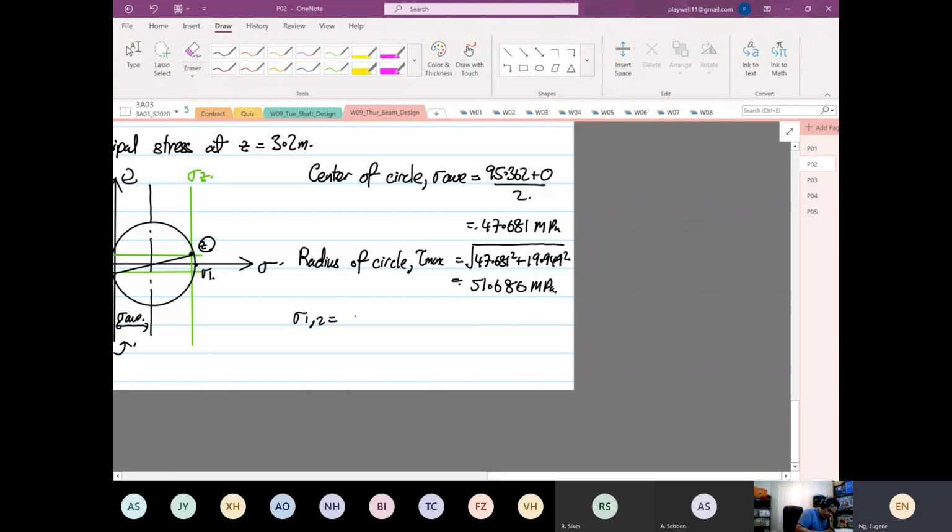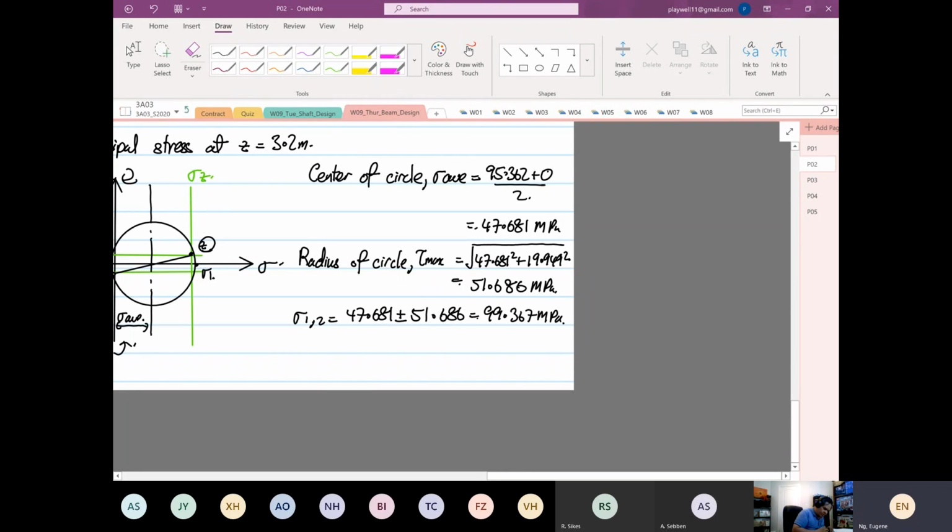So stress 1 and stress 2 is equal to 47.681 plus or minus 51.686. For the first, 47.681 plus 51.686 is 99.367 megapascal.